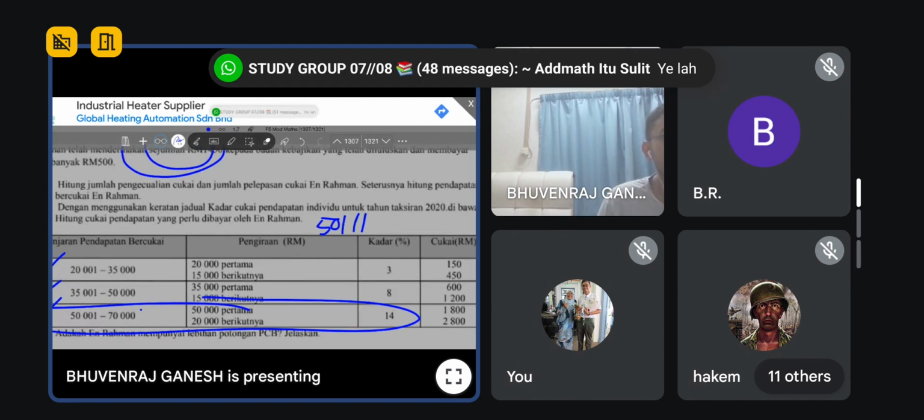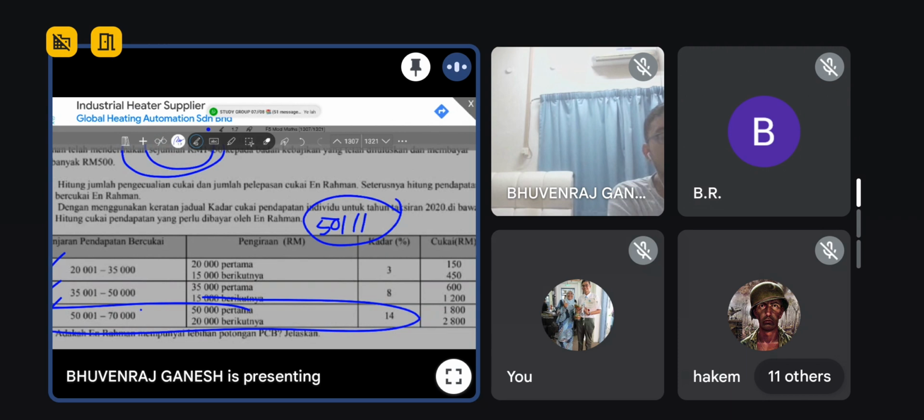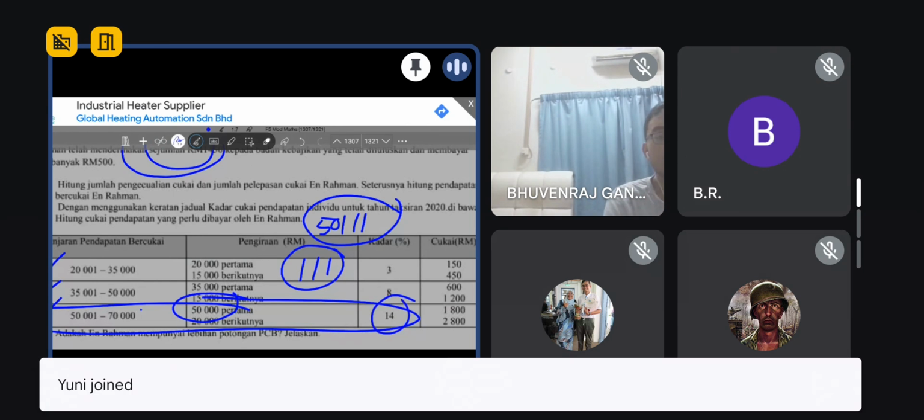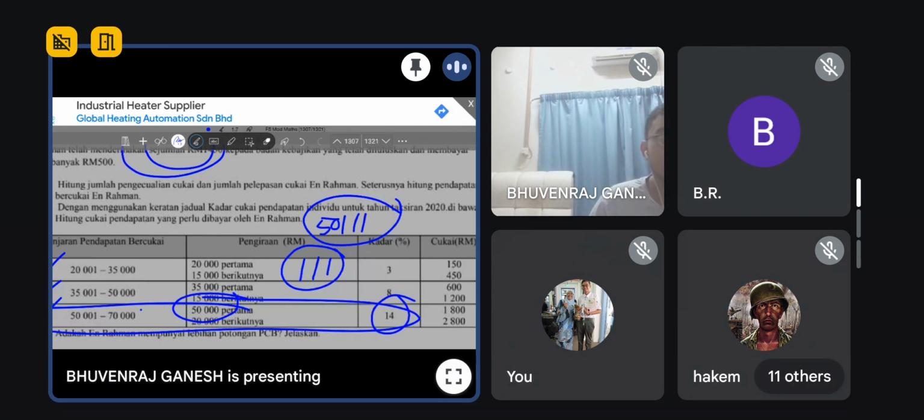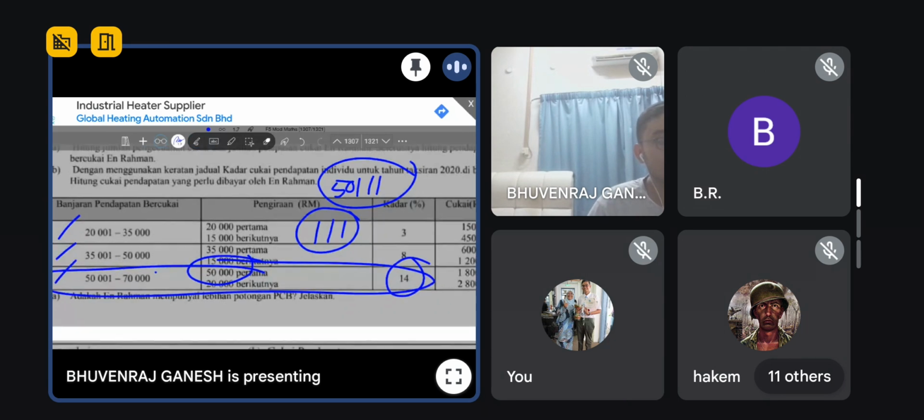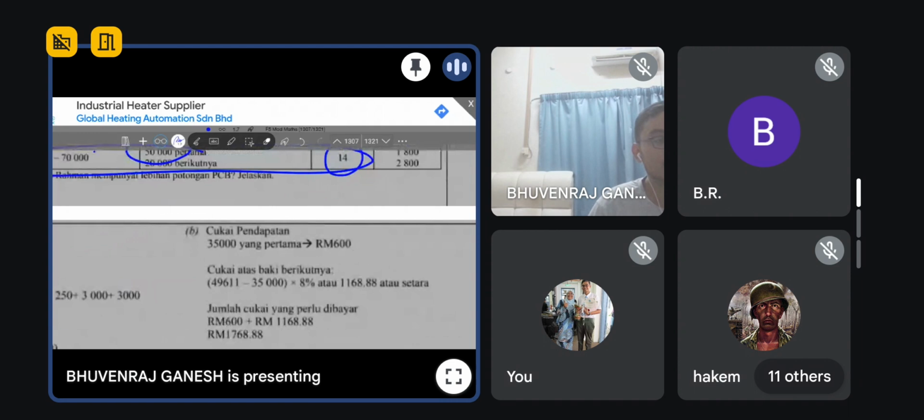So baki cukai is 50,111 minus 50,000. So you get the baki. Okay, you all might think and see, 111 is a very small baki. Am I right? Only 111 ringgit. But still we must kena the 14% cukai. Then only is fair. Baru adil. Walaupun RM100 sahaja tetap akan dapat 14% cukai. Alright? So then you plus both values, you will get the answer already.